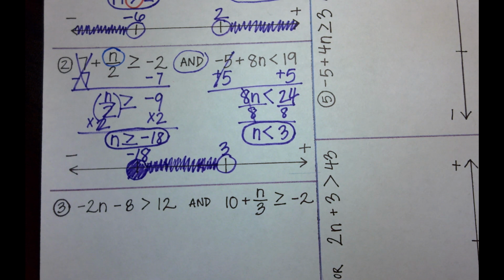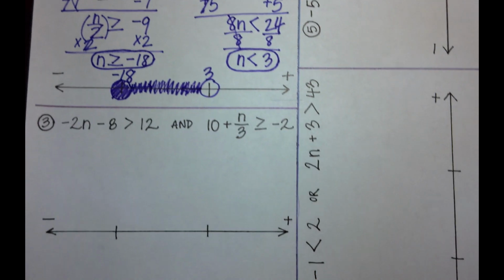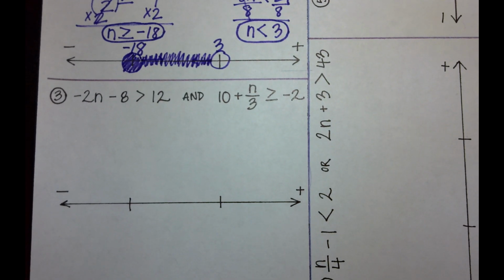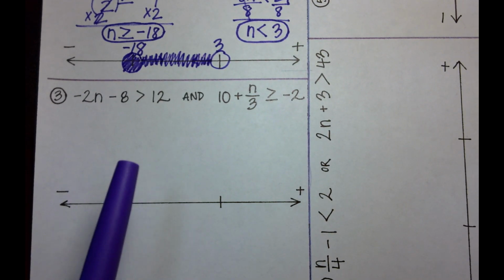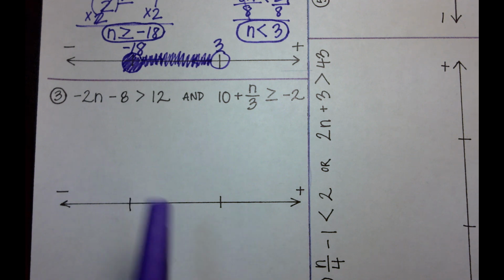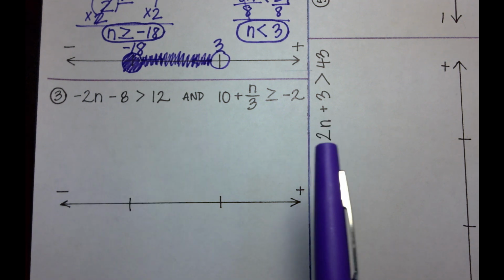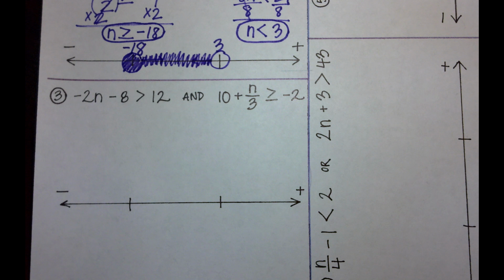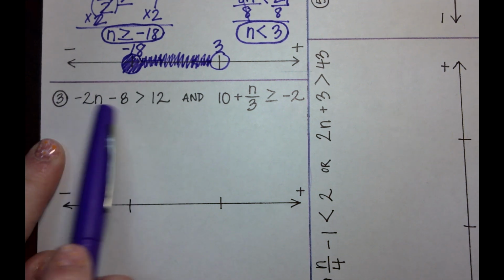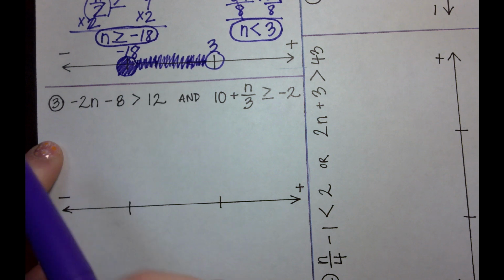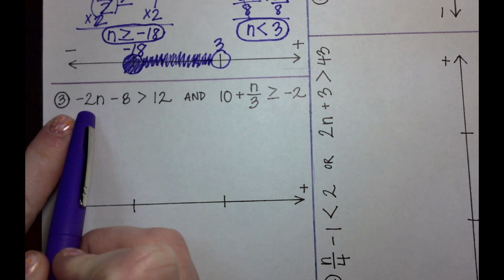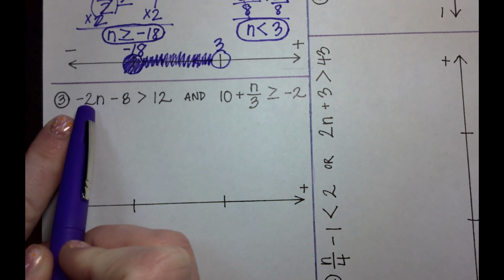Okay, so number 3, we have another tricky one. Can anybody tell me right off the bat, what is something that you might recognize that might be a little tricky about number 3? Yes, in my first part of this compound inequality, I see that there is a negative number on my variable, negative 2n.